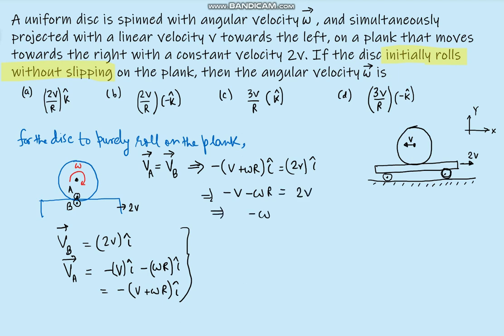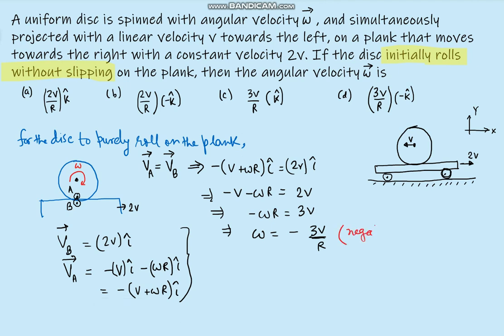So minus omega R is equal to 2V plus V, which is 3V. So omega is equal to minus 3V by R. Now what is the significance of this negative sign? It means whatever direction we assumed, actually it is rotating in the other direction.